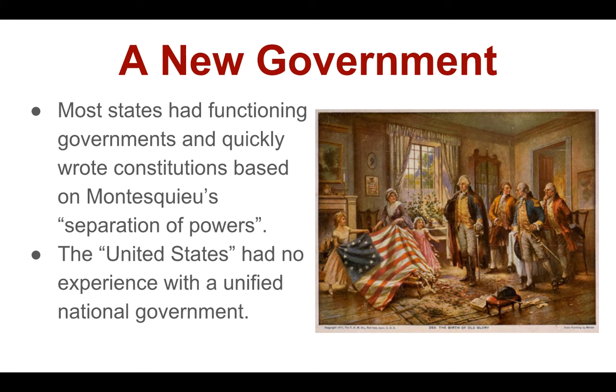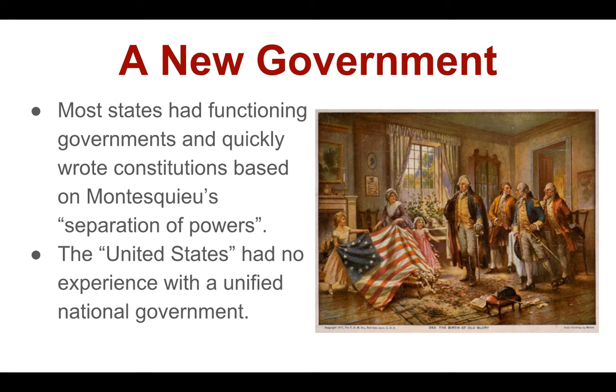You see, the states themselves, those 13 independent units, had functioning governments, and quickly wrote constitutions based upon Montesquieu's separation of power. So they had a governor, they had a legislature, and they had judiciary, all separate.